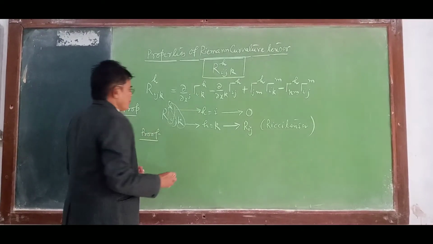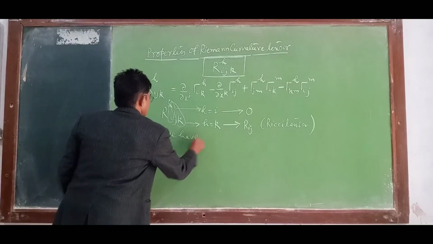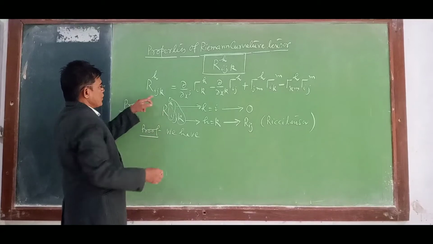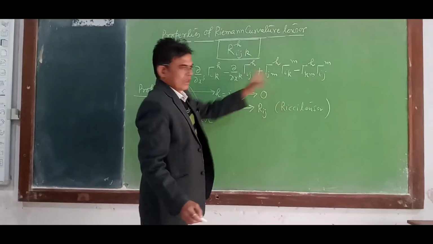First we have R^h_{ijk}, the definition of the curvature tensor is this. Clear?